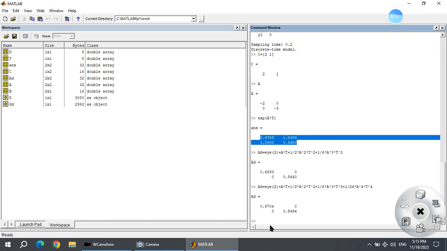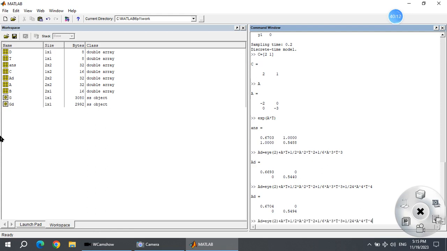Okay, and you can also see what BD is. BD, we need a BD. Okay, I start from AD, similar with this AD, but here's BD. BD equal to all of these times B, right?